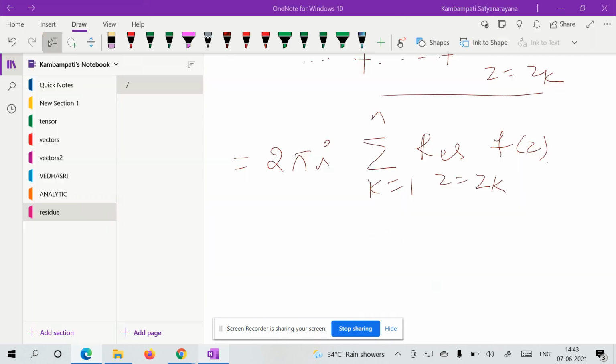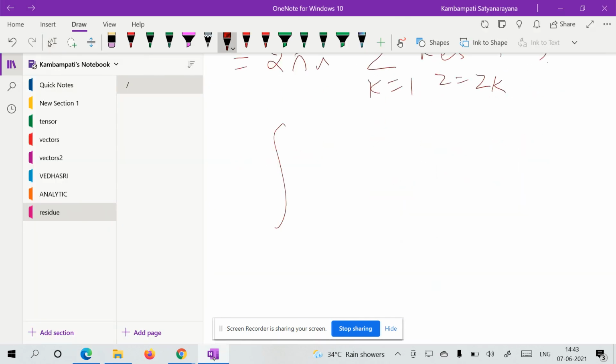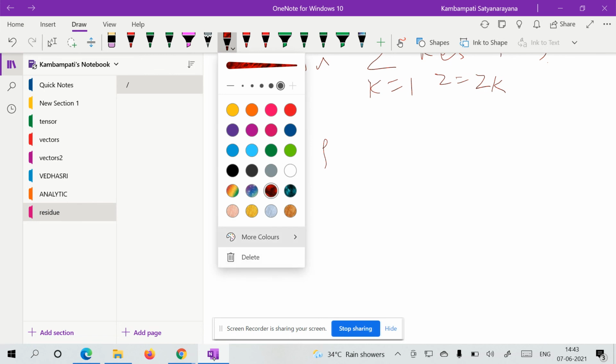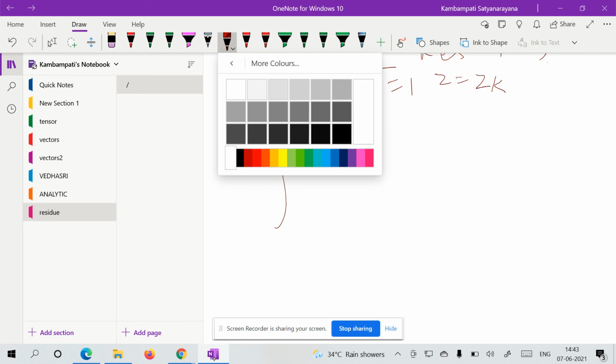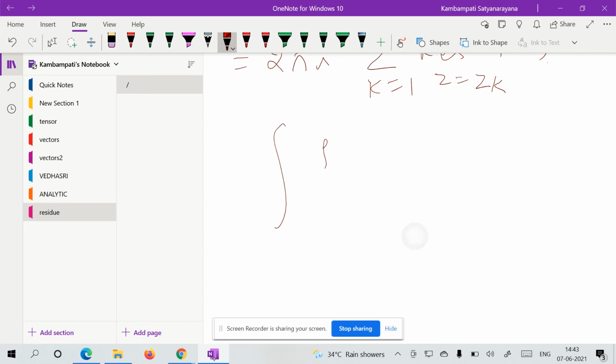The Cauchy integral formula says the integral of f of z dz by z minus z naught whole to the power of n plus 1 equals 2 pi i by n factorial times the nth derivative of f at z naught.